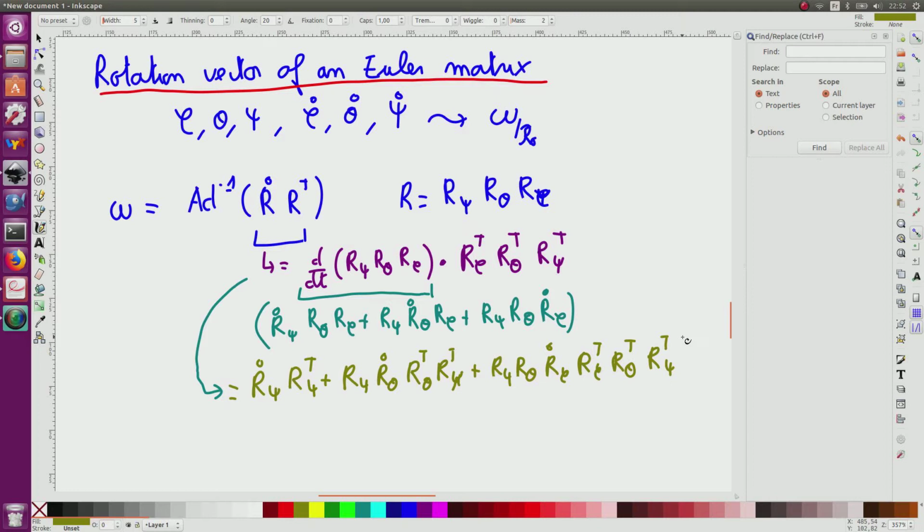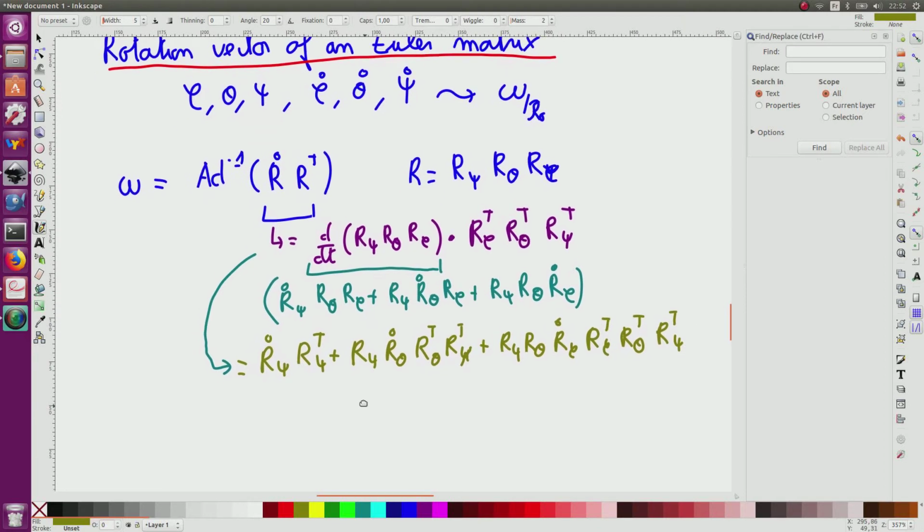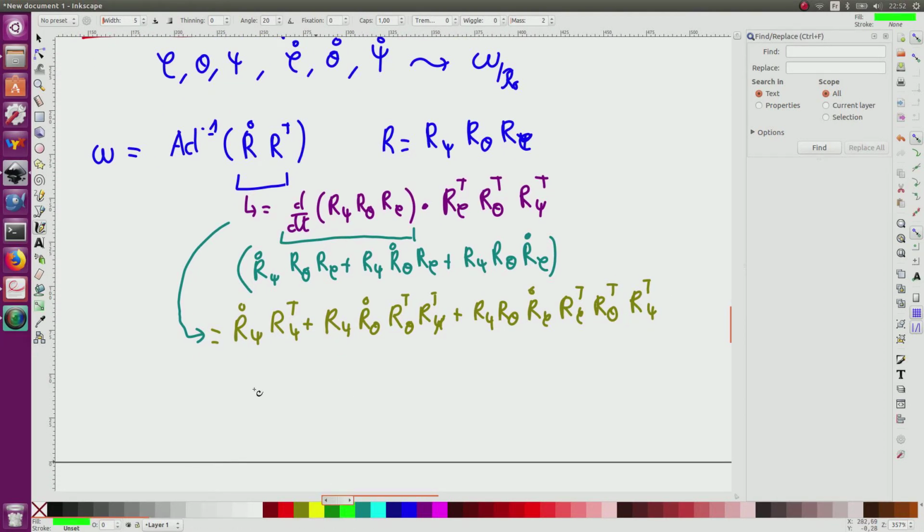Now this one corresponds to, I take another color, this one corresponds to psi dot adjoint of k.